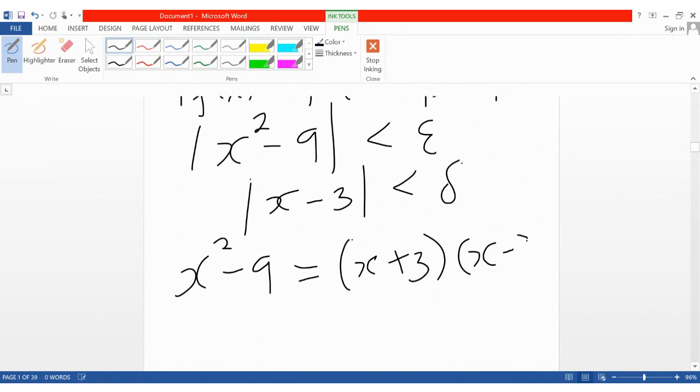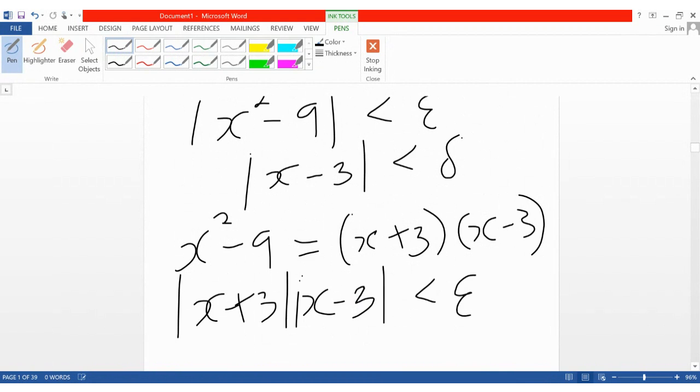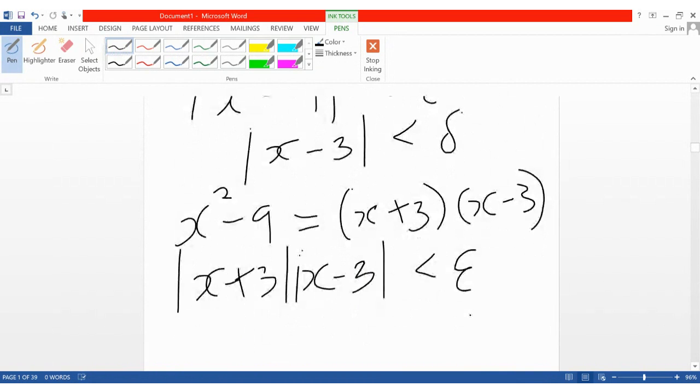So we shall have the magnitude of x plus 3 times the magnitude of x minus 3 is less than epsilon whenever x minus 3 is less than delta.